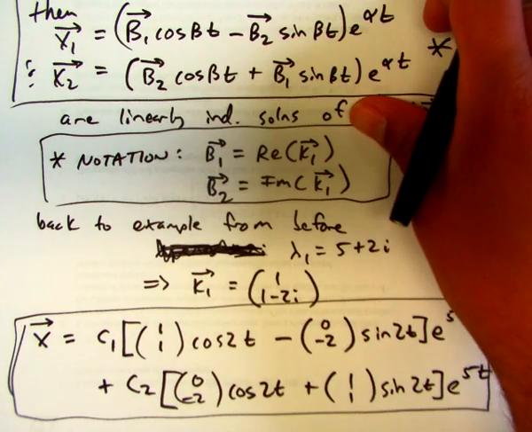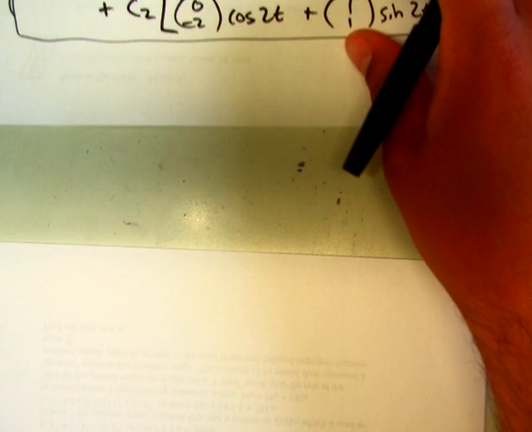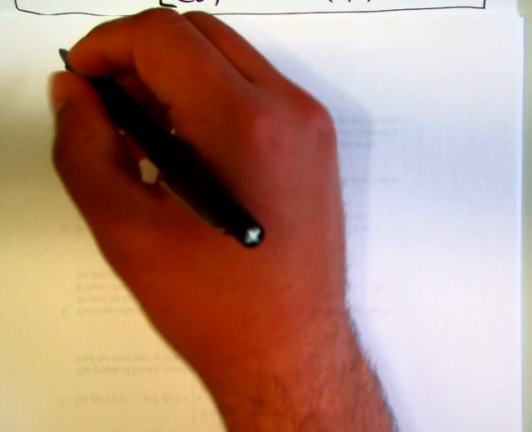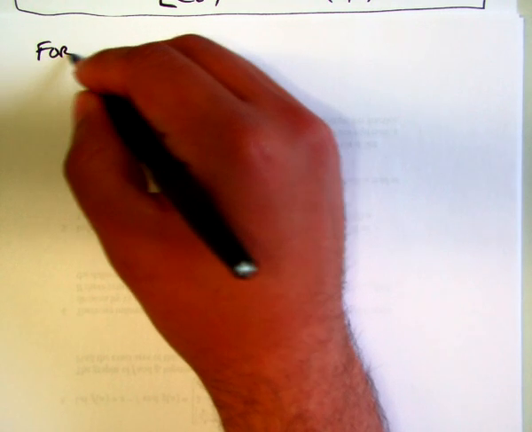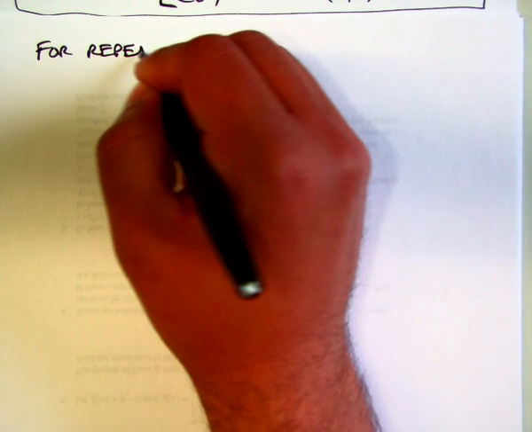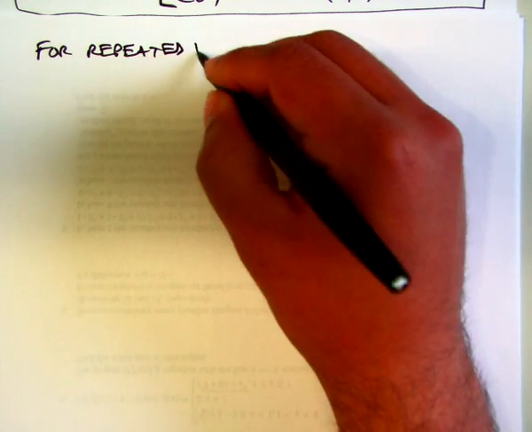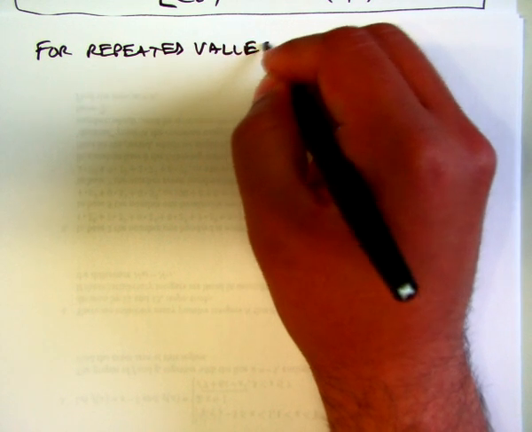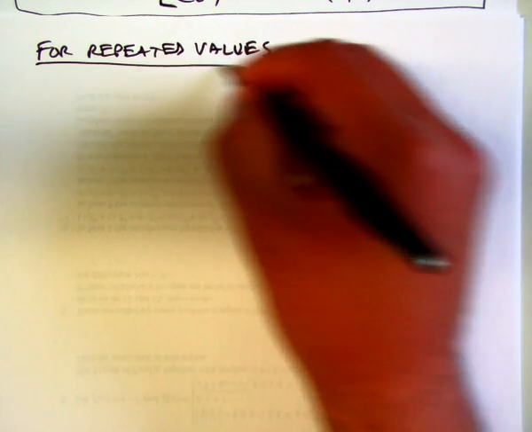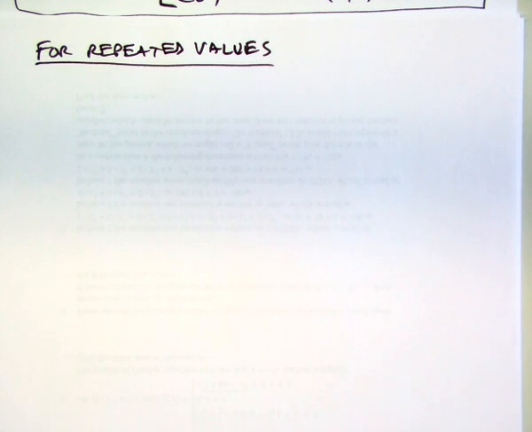So we'll go through that, and then we'll be officially done with diffie-q. Okay, so for repeated values, there are 2 scenarios, and we'll go through one of each type.